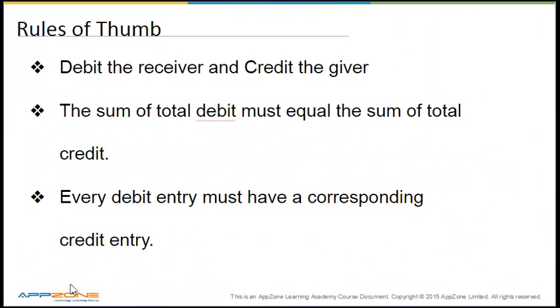Just to shed more light on this, when we say debit the receiver and credit the giver in accounting, we are talking about a set of transactions. Take for instance, Zonetech places an order to be supplied 10 motor vehicles, and those motor vehicles come in and the company pays for it.